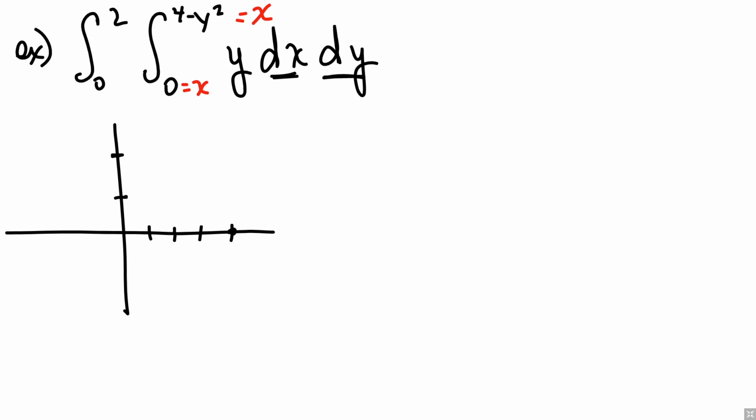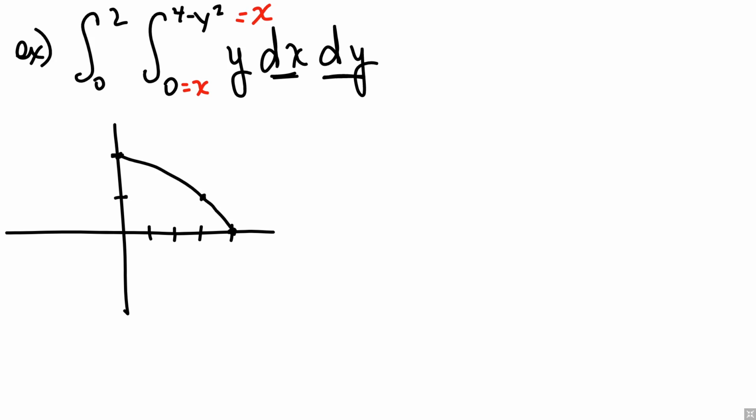When y is 1, what's x? It's going to be 3. And when y is 2, what's x? 0. So if we connect these, this is what we're going to have.